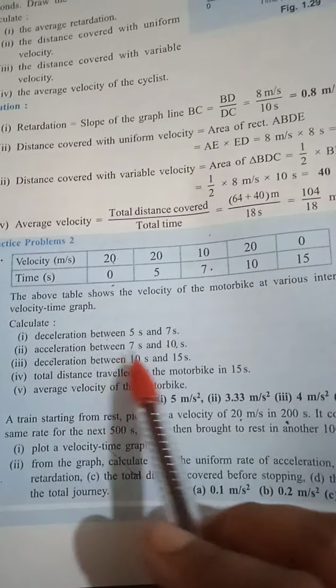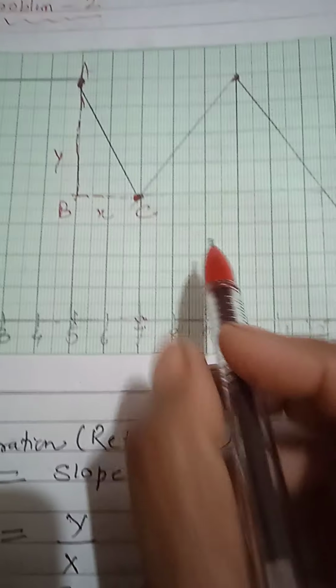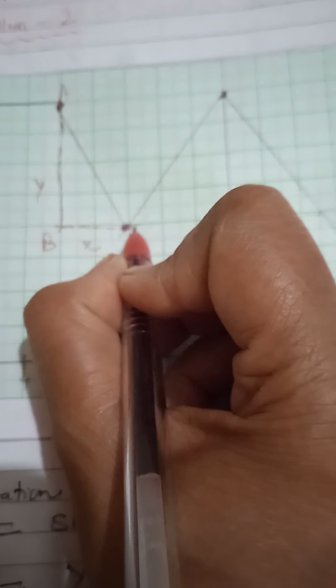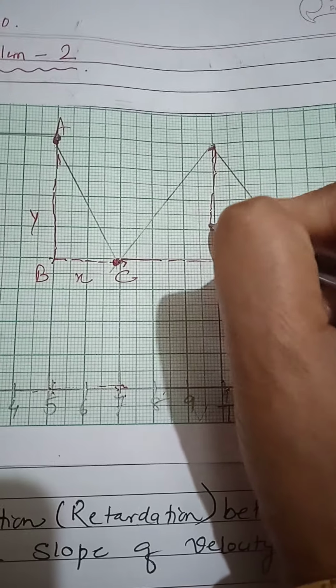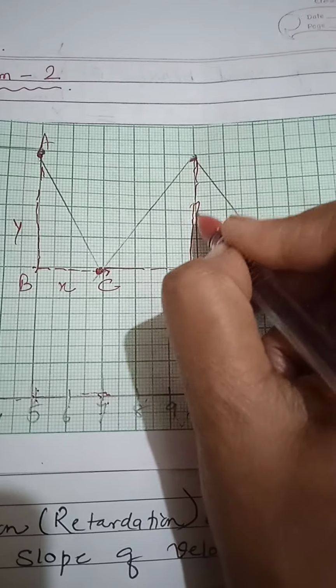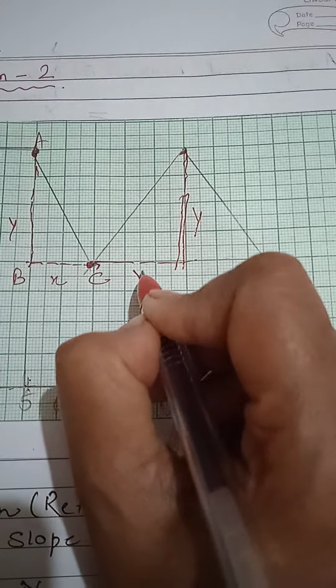Now similarly, you have to do this for the acceleration between 7 second and 10 second. So now this is 7 second to 10 second. Again, you construct a triangle. Here, this is the y and this one will be your x.